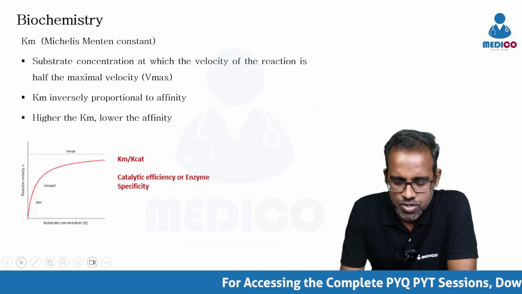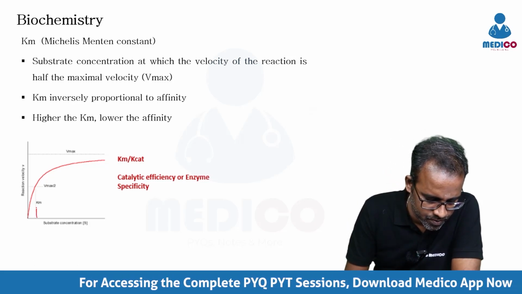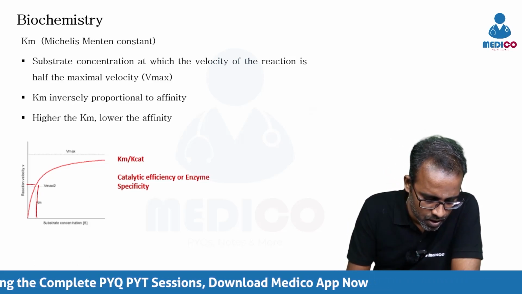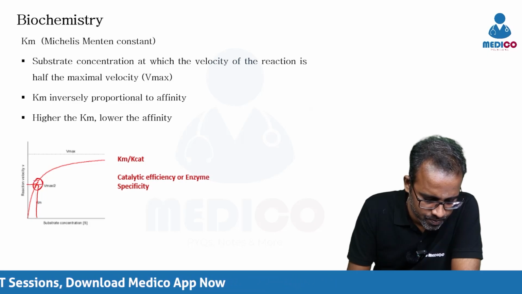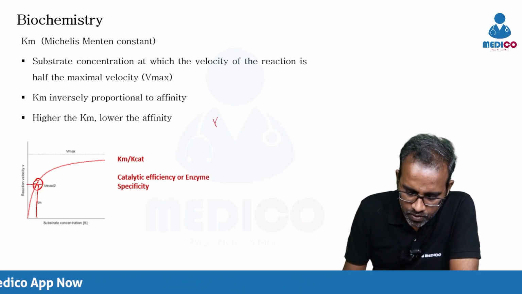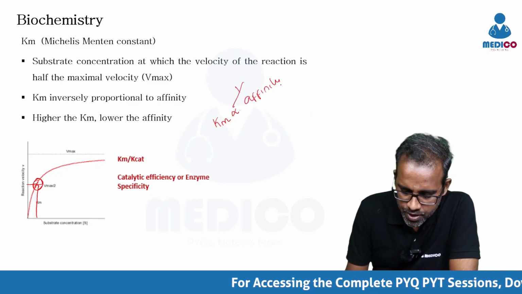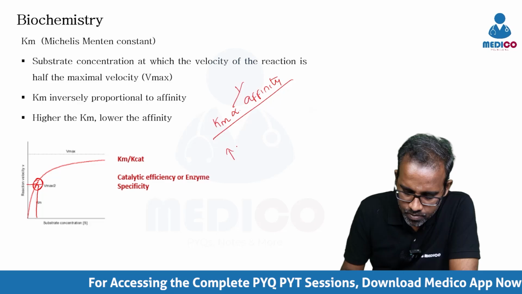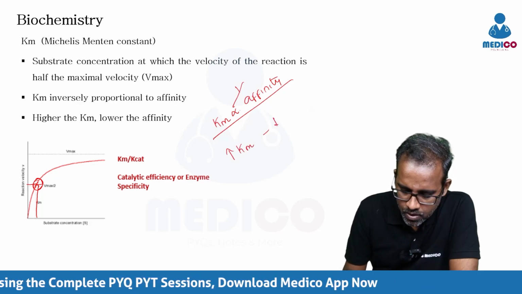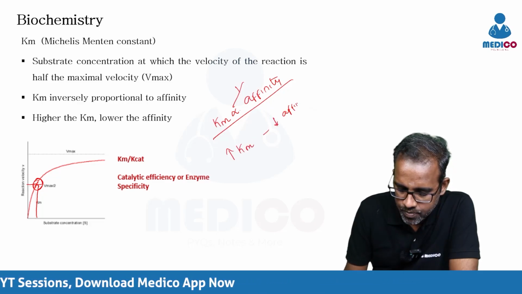Km is the Michaelis constant. It is the substrate concentration at which the velocity is half the maximum. Km is inversely proportional to the affinity of the enzyme towards the substrate. The higher the Km, the lower the affinity.